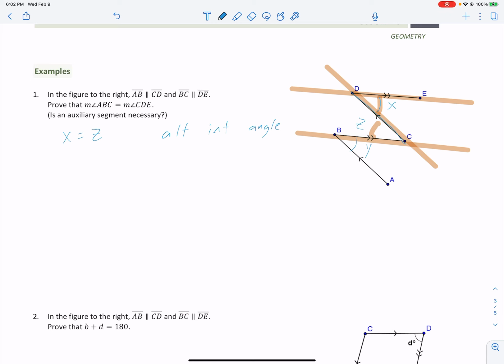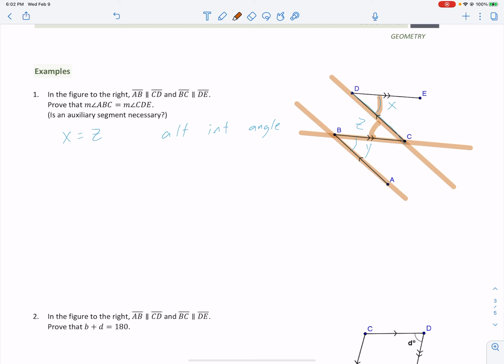And what's interesting about this, if I turn my attention from that set of things and instead start looking at this one, which is an important skill to have, you realize I have two more parallel lines with the single chevron thing. And we can see that using alternate interior angles on this one, that y is equal to z.